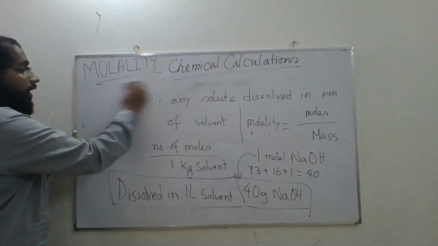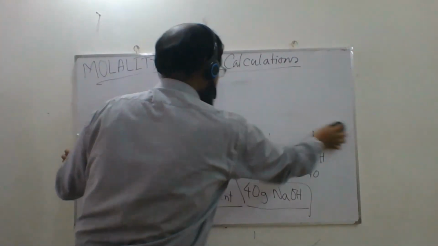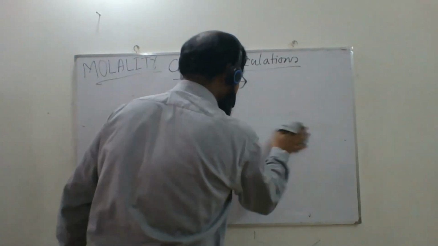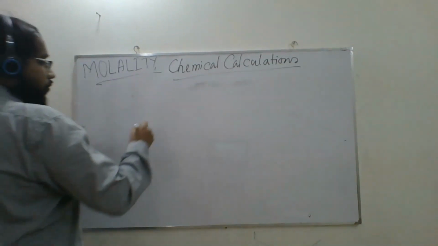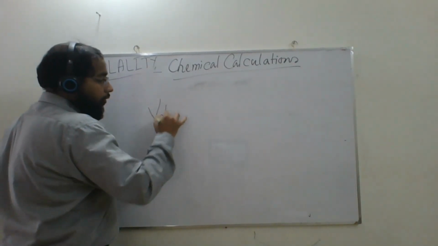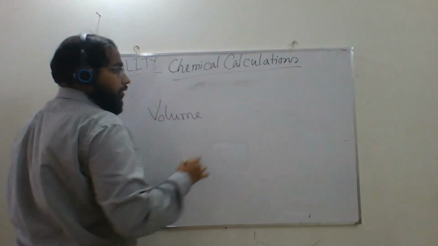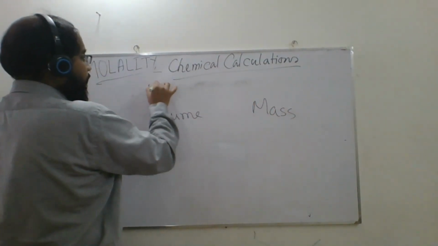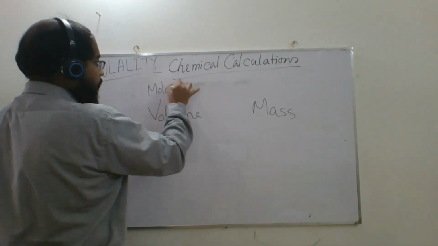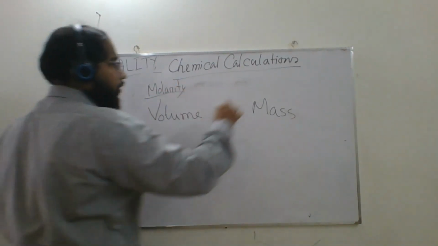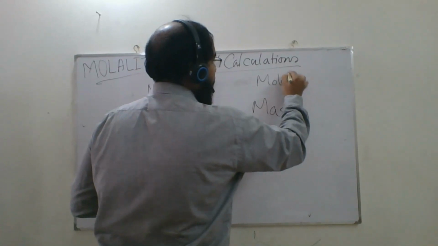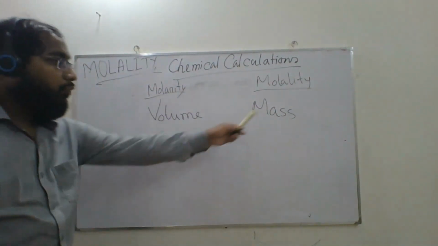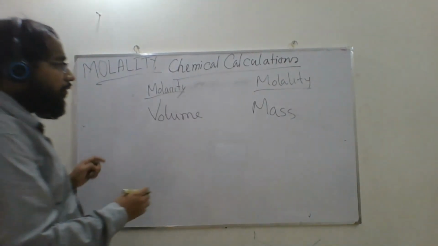Now, what is the advantage of molality or molarity? In one we use volume of the solvent, in the other we use mass. In molarity we use volume, in molality we use mass. Now what is the difference between volume and mass?